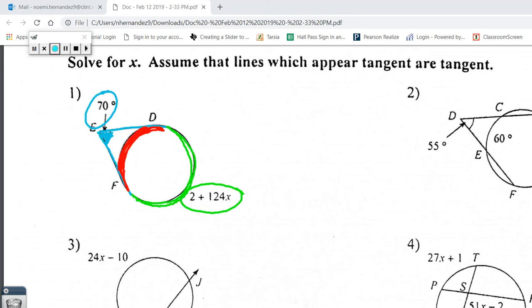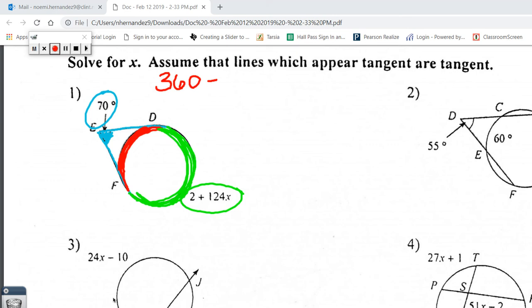In our bell ringer, we subtracted from 360. We took away the small part on this problem. I'm going to take 360 and subtract our biggest intercepted arc.